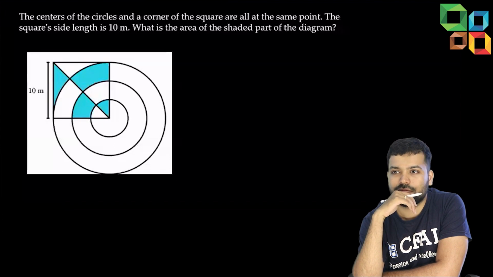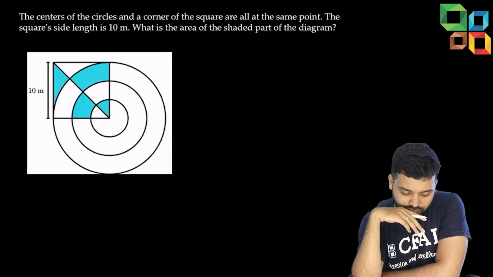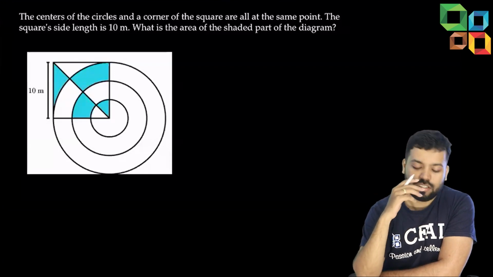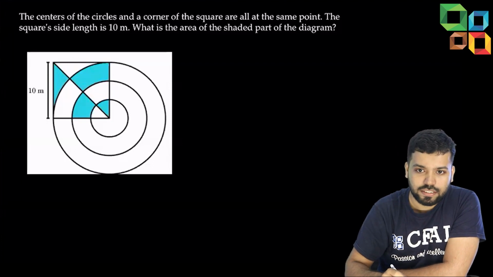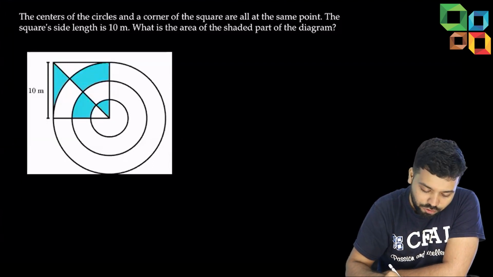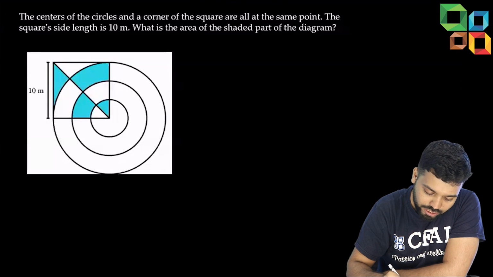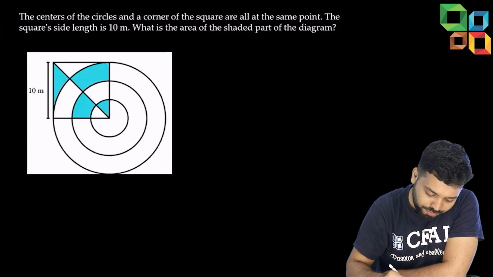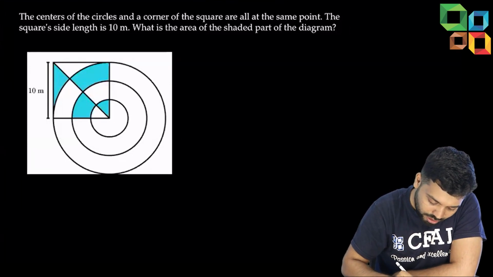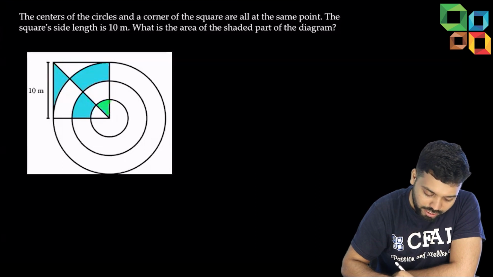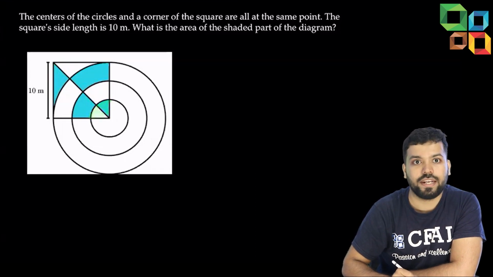Sir, if we rearrange the shaded portions, then we can complete the right triangle. Yes, very good. What he's saying is, if we rearrange, for example, we have this small portion and this small portion, they have equal areas, right?